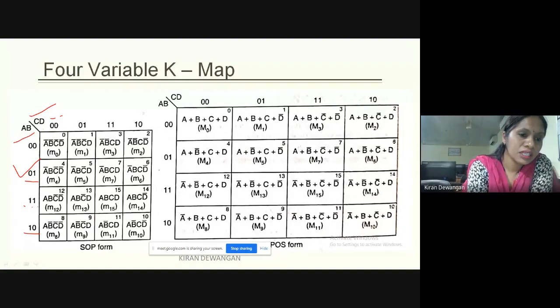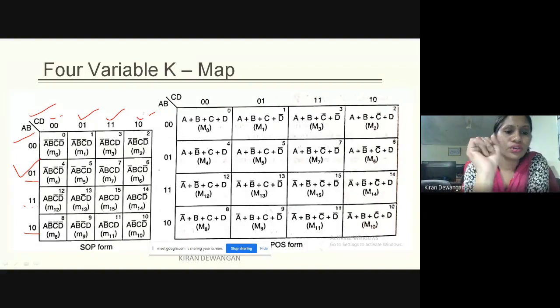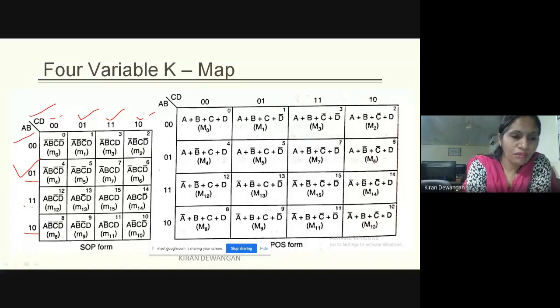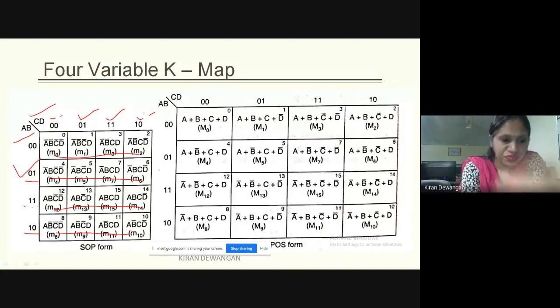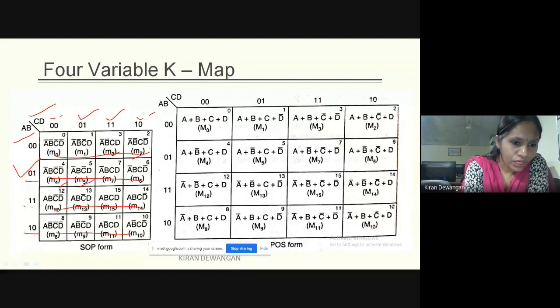CD will be 0 0, 0 1, 1 1 and 1 0. So taking the combinations of A, B, C, D, we will have all the min terms present in the cells. These are the min terms present in the cells. M0, M1, M3, M2. Then M4, M5, M7 and M6.